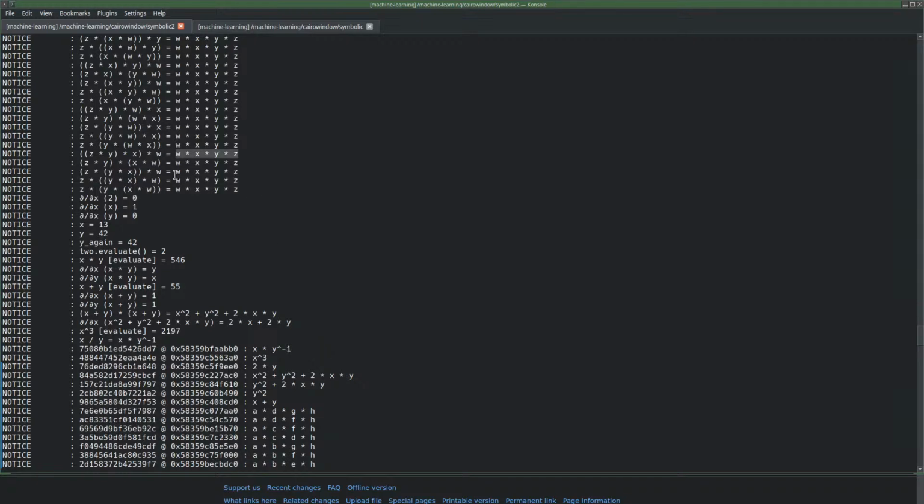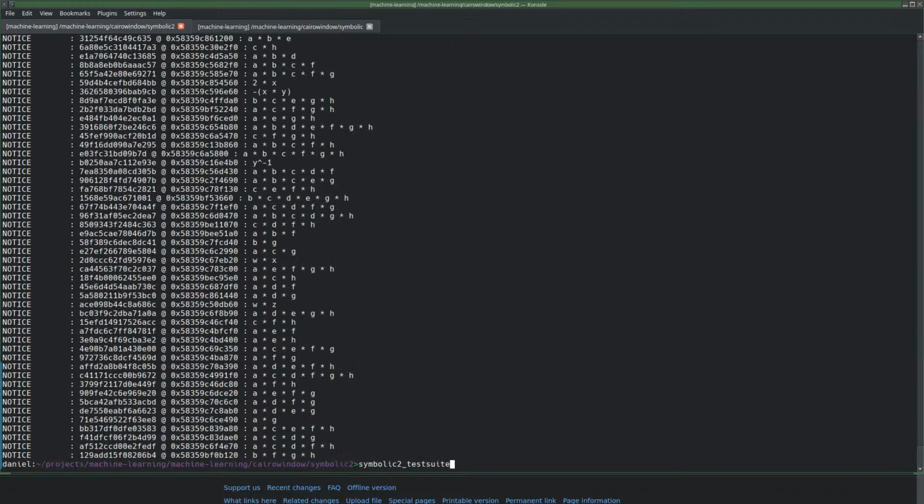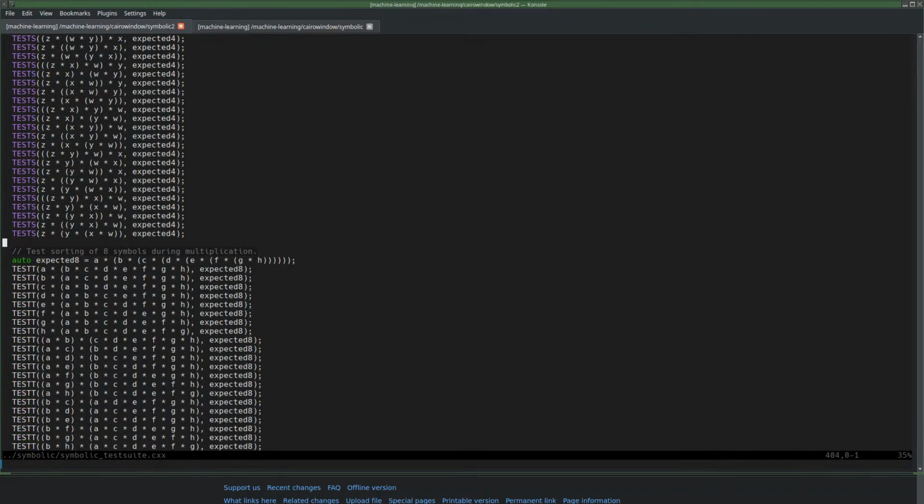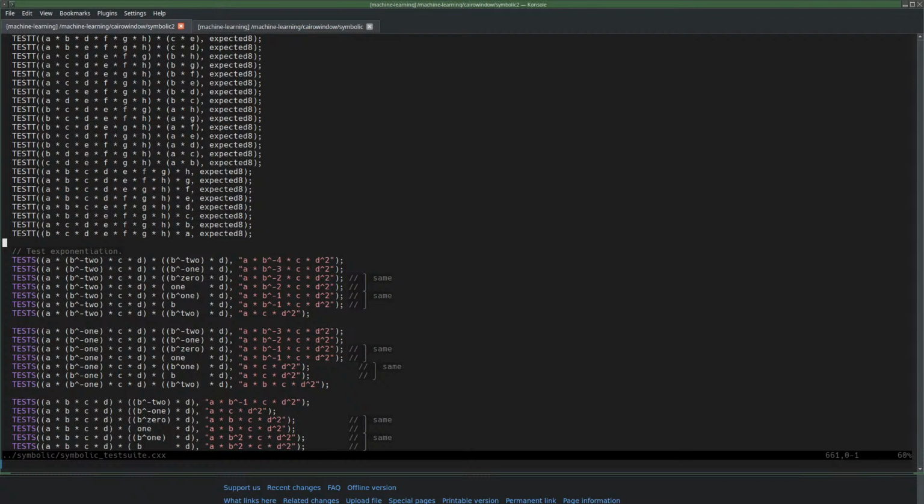And then we don't have output for the ten symbols, but they were also correct. Eight symbols, I mean, not ten.